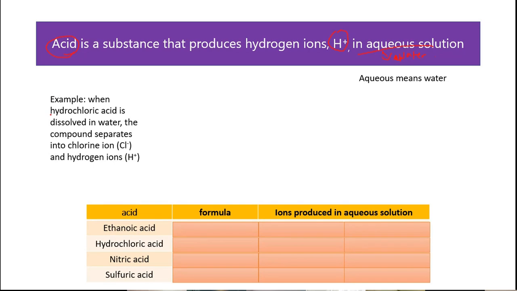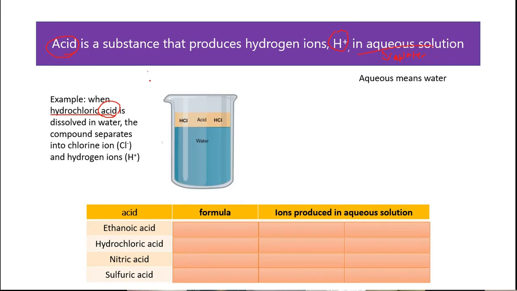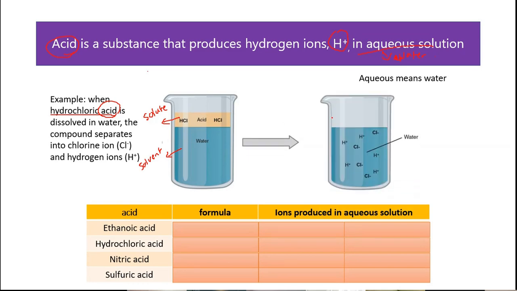For example, hydrochloric acid. From the name, hydrochloric acid is an acid. When we dissolve hydrochloric acid in water, hydrochloric acid is the solute. We dissolve the hydrochloric acid in water. The water is the solvent. So in the solution, the H and Cl from the hydrochloric acid will separate into positive ion and negative ion.